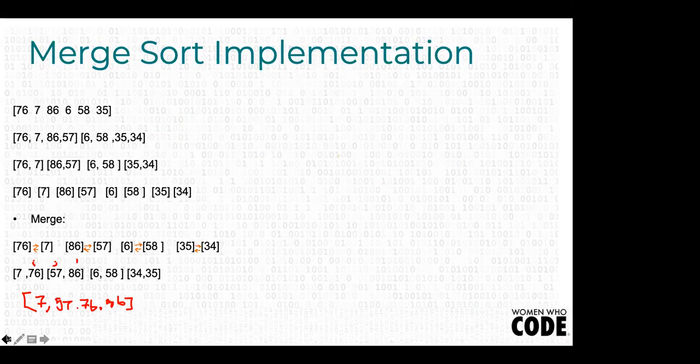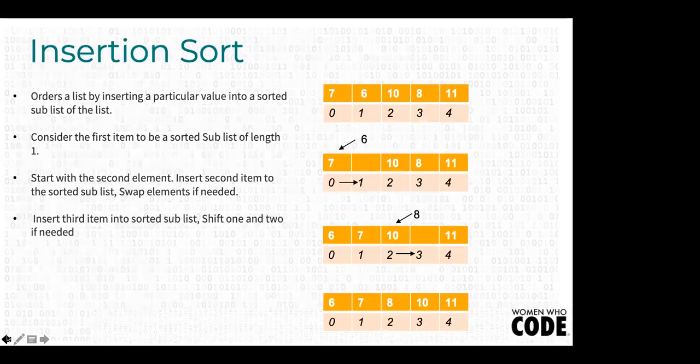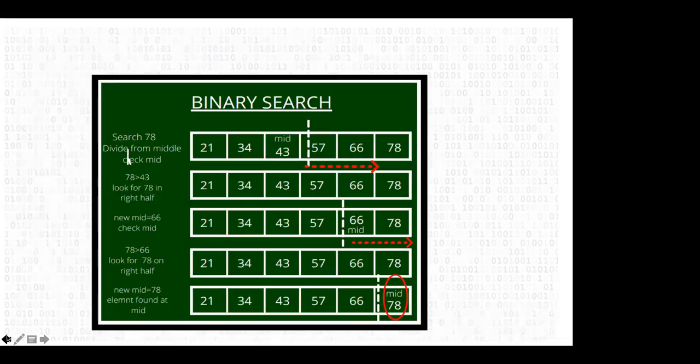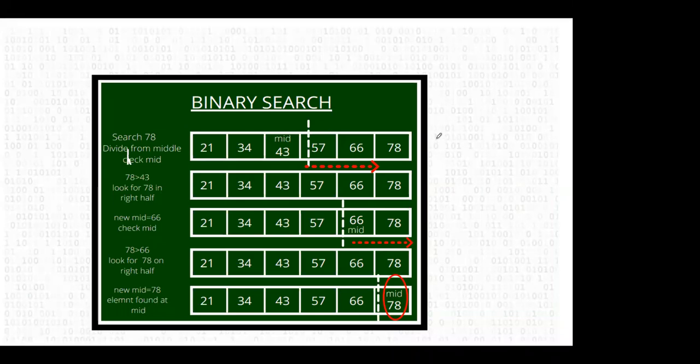So let's take an example here. This is a list with 6 elements, and we can just use the same formula, start plus (end minus start) by 2.